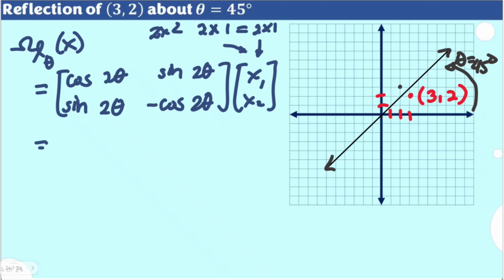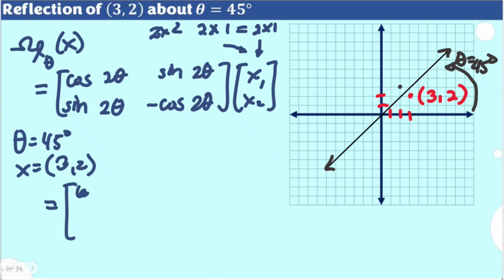So plugging in here, provided that our theta is 45 degrees and our x has components of 3 and 2, we will have this form: cosine of 2 times 45 degrees, sine, let me rewrite that for a better explanation.